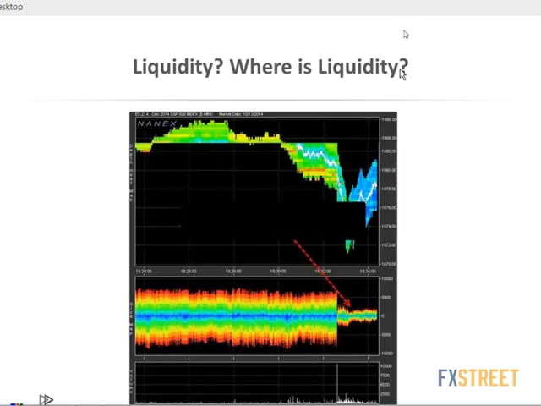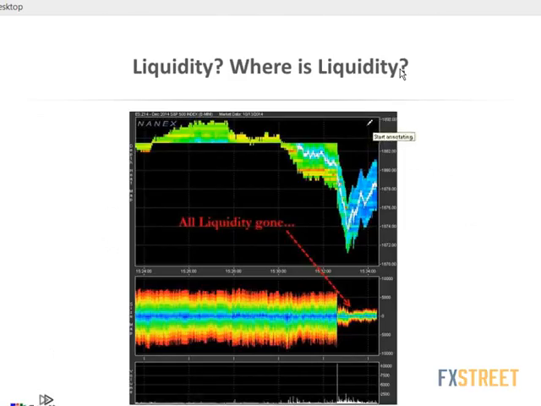So this is the picture of what happened. And I want you to, let me see if I can annotate this. I want you to focus on two things. First of all, look at how the market broke down very, very quickly. And this is 1 second. And look at, most importantly, the volume and liquidity here.